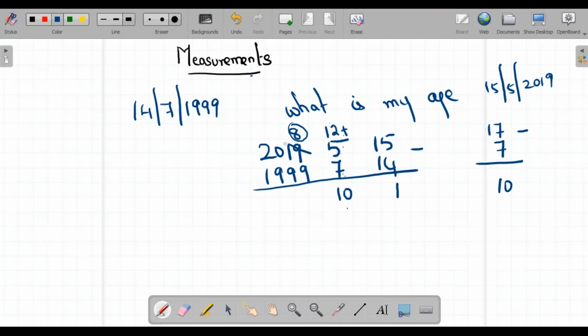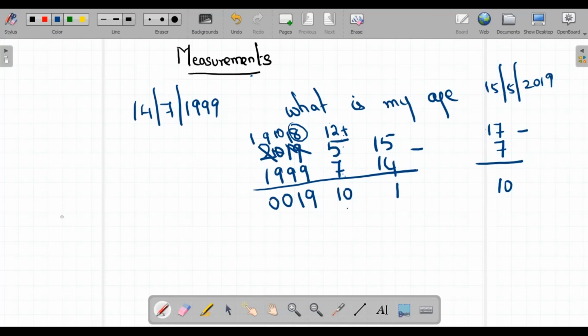8 minus 9 cannot be done. So I am putting a 0 here. I am giving a borrow. 18 minus 9 is 9. Okay. Now 0 I cannot do from here. So here I am borrowing from. This becomes 1. This 10 again I am giving. So this becomes 9 and this becomes 10. 10 minus 9 is 1. So 9 minus 9 is 0.